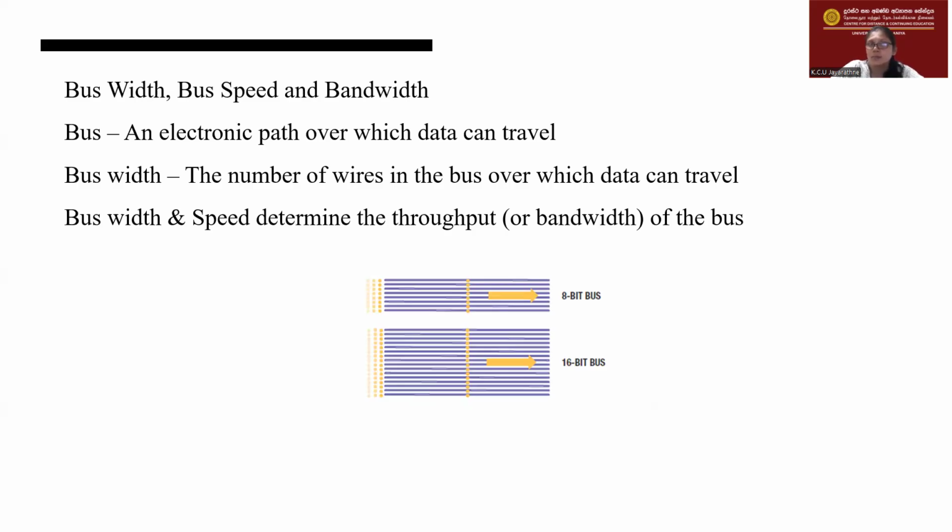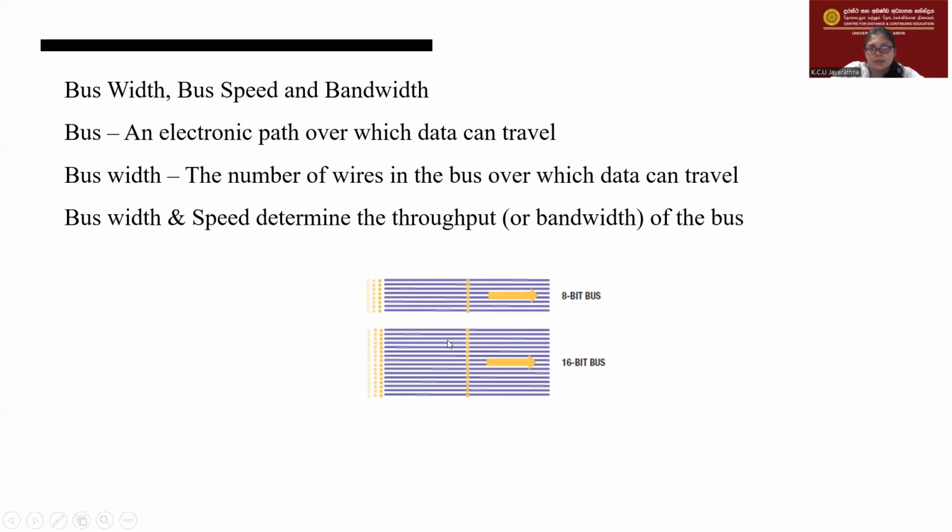Bus width and speed determine the throughput or bandwidth of the bus. So the bandwidth or throughput is directly connected with the bus width.